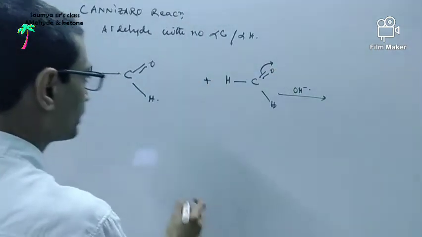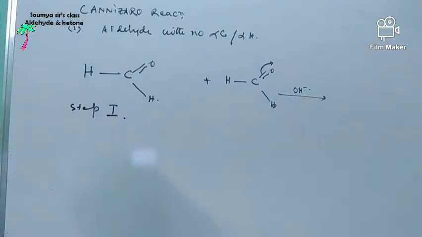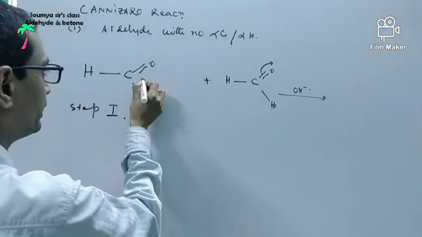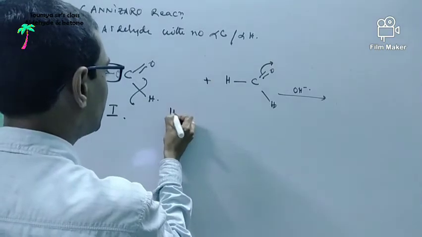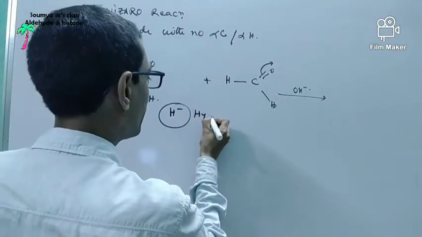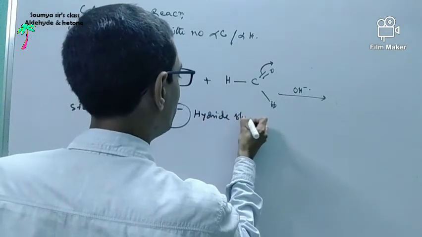Now the first step: step 1 is very slow. The hydrogen of any one formaldehyde splits and comes as H minus. It is called hydride shift.